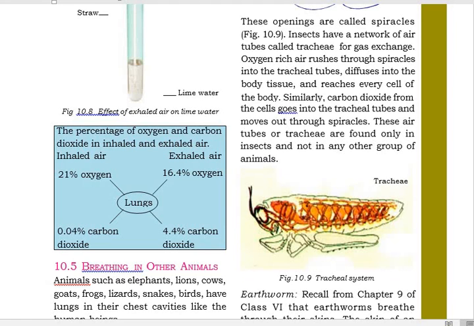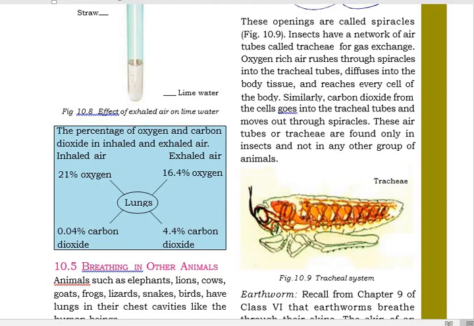Oxygen-rich air rushes through the spiracles into the tracheal tubes, diffuses into the body tissue, and reaches every cell of the body. So here directly the exchange of gases takes place. From the outside, the air enters into the trachea through the small openings called spiracles on both the sides of the body.